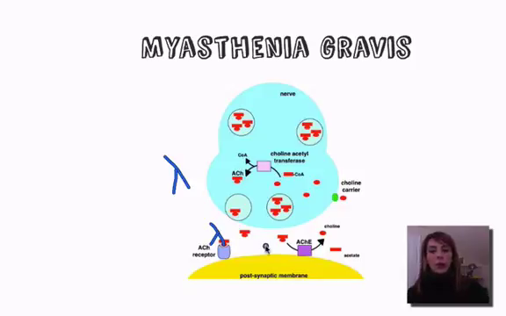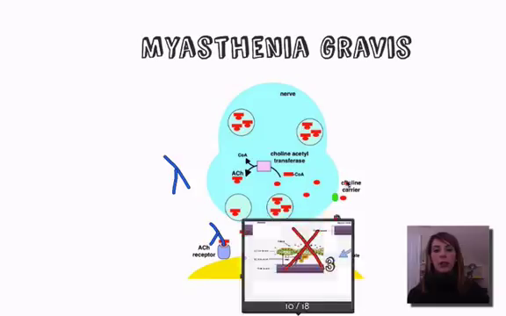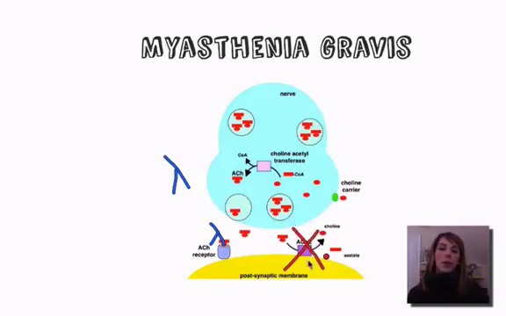So with individuals who have myasthenia gravis, there are medications that block the action of this enzyme. And what that's going to do is it's going to lead to a buildup of acetylcholine in this region between the nerve cell and the muscle cell.